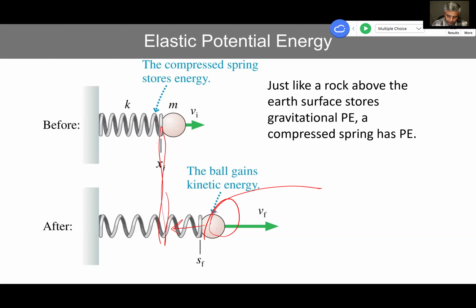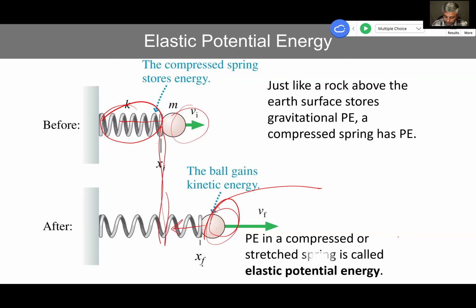So when you compress this, there is elastic potential energy, and when you let it go, that goes into the kinetic energy of the ball. Okay, so that is what the elastic potential energy is.